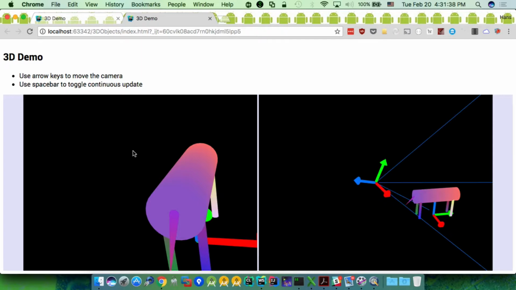So we could make this tail wag by just adjusting that angle. If we had it in our anim loop, we could just continually adjust the angle. If you want to make a wagging animation, are you going to make it up and down or sideways? Just side to side. So that would be in the XZ plane.